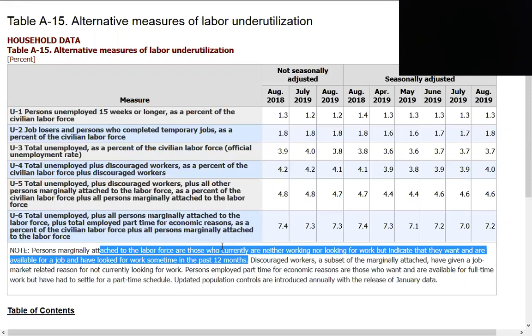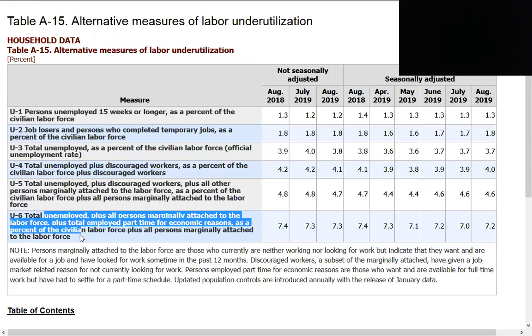Or actually, sorry, that's U6. So these people are more so, maybe parents, or I'm trying to think who else would be marginally attached to the labor force. I mean, this could be somebody that's a part-time student that is not currently working, but they would like to, and they're available, and they looked for a job over the summer or something.